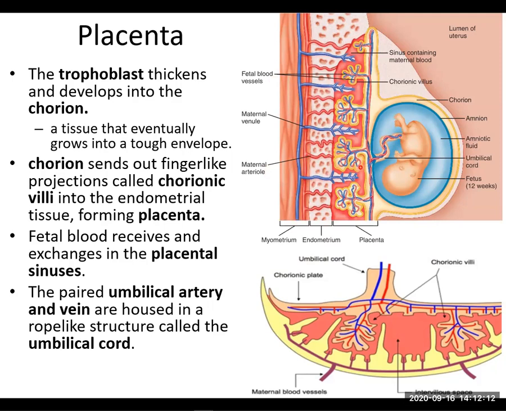So you can see here is the blood circulation from the baby and then the mother. The mother provides the blood, the artery, and the vein to interact with the circulation from the baby. One thing I want you to see is that their connection is through a pool. This is called the placental sinus.